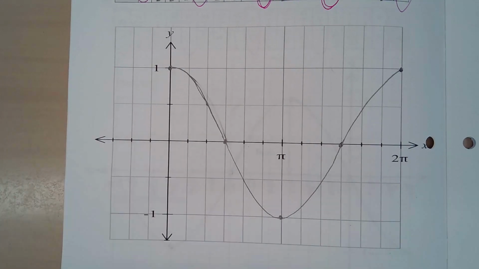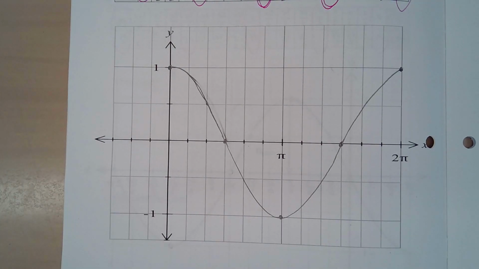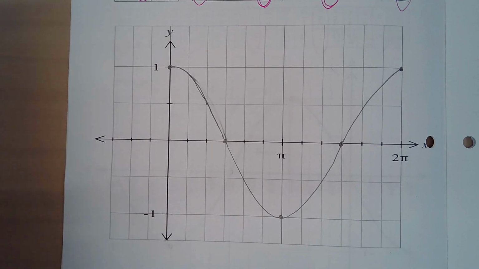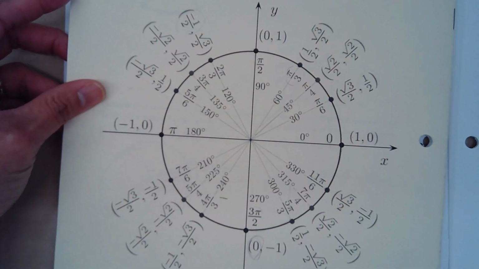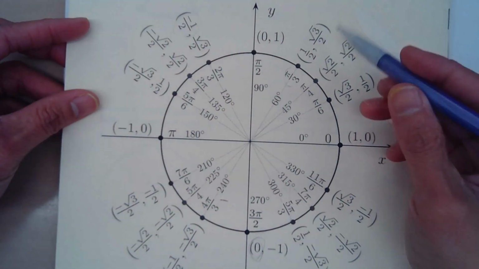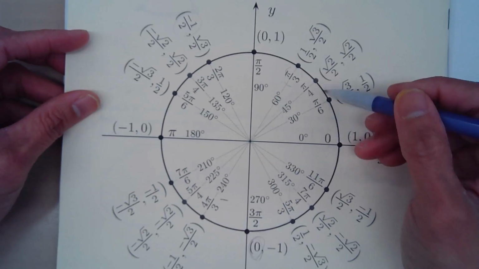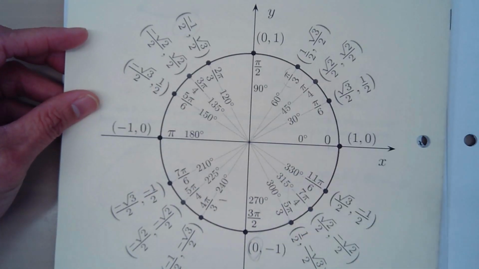Now that we know this, I'm going to put this back in here. For sine earlier, it was the vertical distance from the x-axis. What about the cosine?